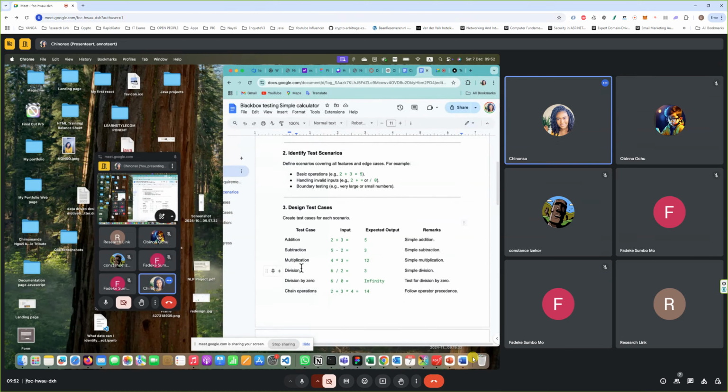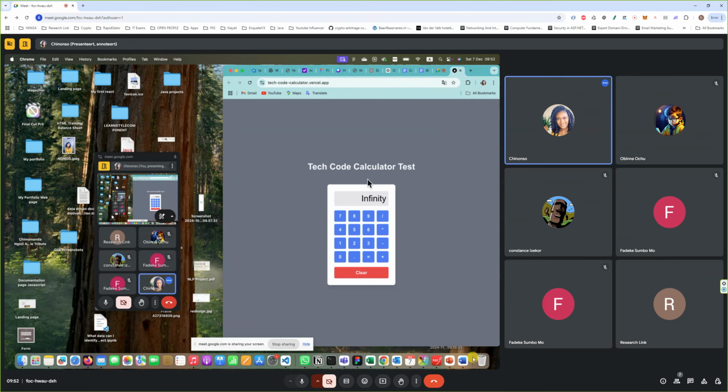And also, if you can do basic multiplication and chain operations, like multiple operations, let's see that. 2 plus 3 times 6.